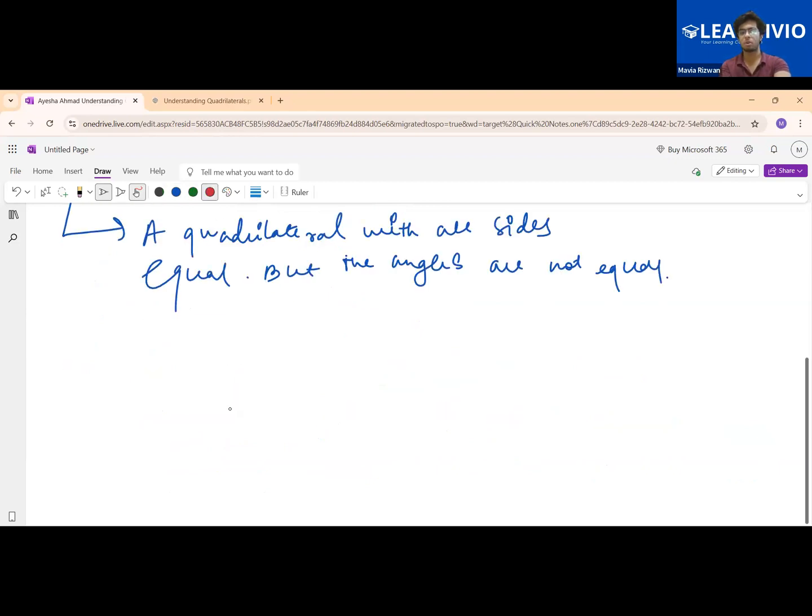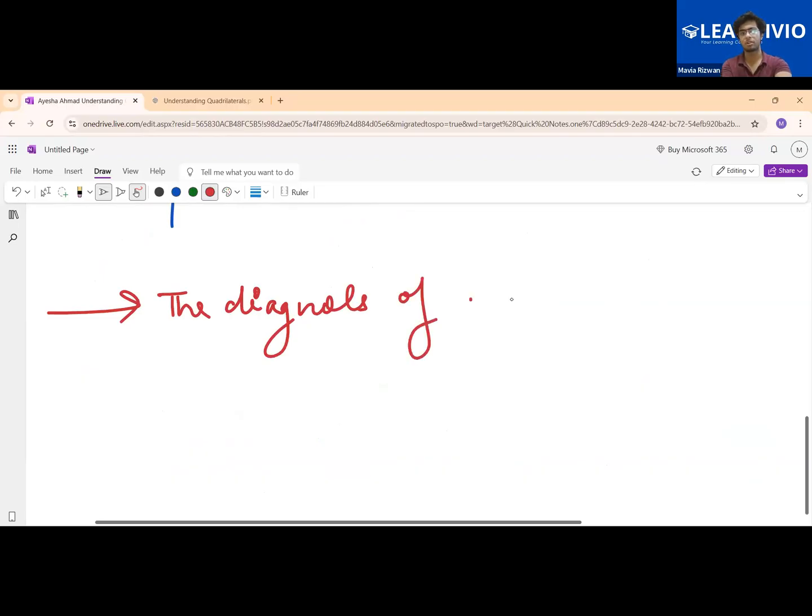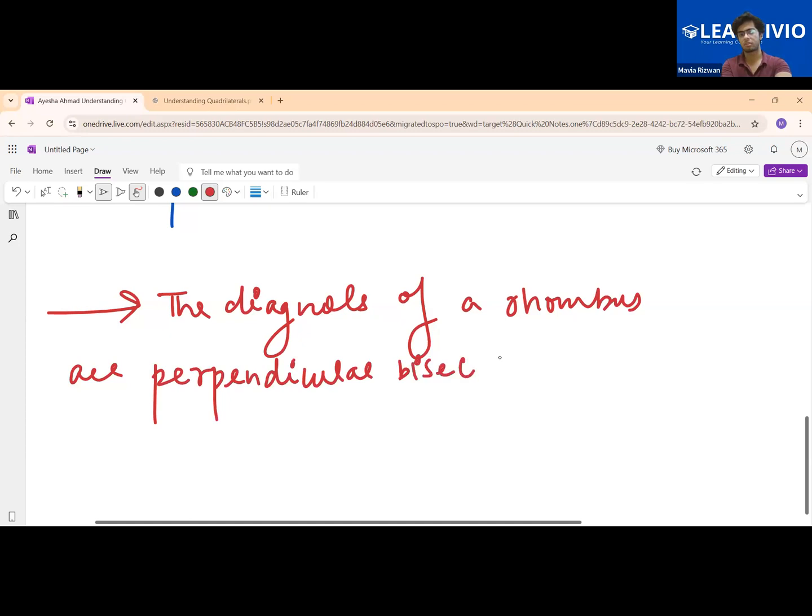Now some properties about a rhombus. The main important property is that the diagonals of a rhombus are perpendicular bisectors of each other.